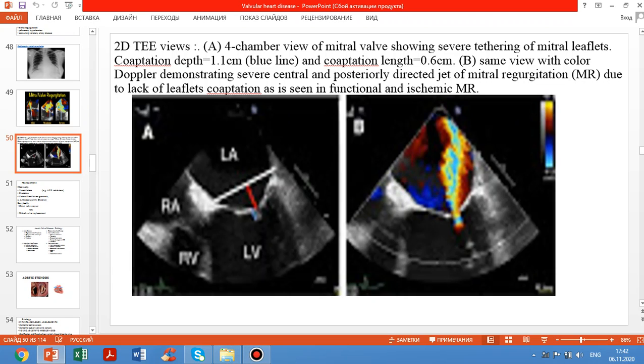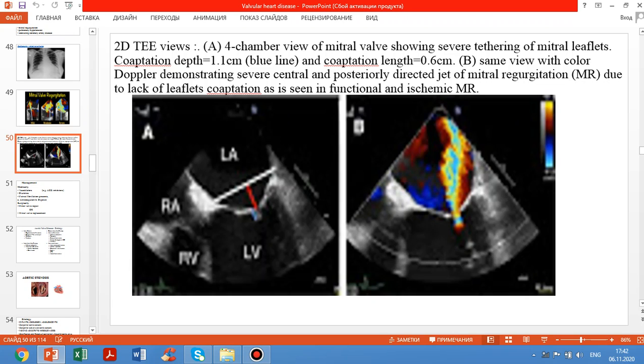2D transesophageal echocardiography views. In the first, the 4-chamber view of the mitral valve showing severe tethering of the mitral leaflets. Coaptation depth equals 1.01 cm, that is the blue line, and coaptation length equals 0.6 cm.